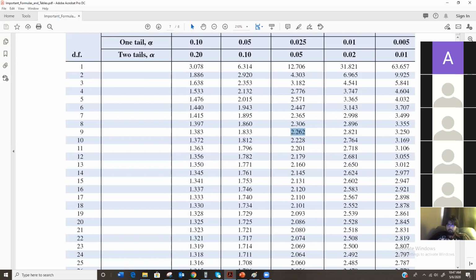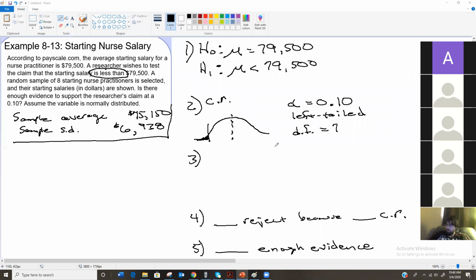One-tailed 0.1, degrees of freedom 7. So this number right here. Is that right? 1.4. Okay, so 1.415. That's what I got. And then it'll be a negative, right?